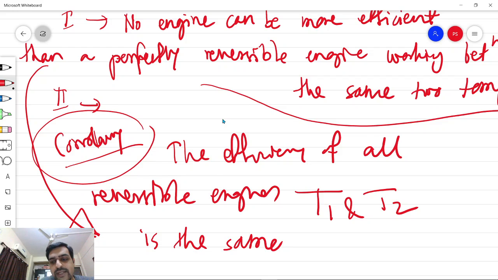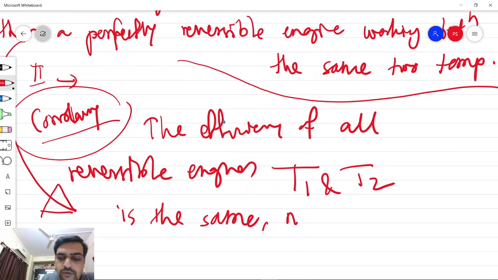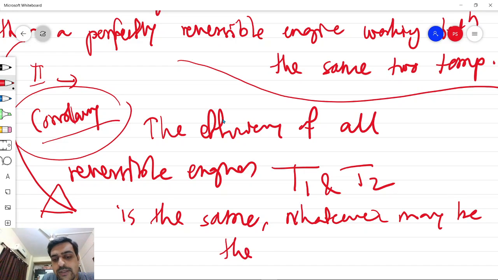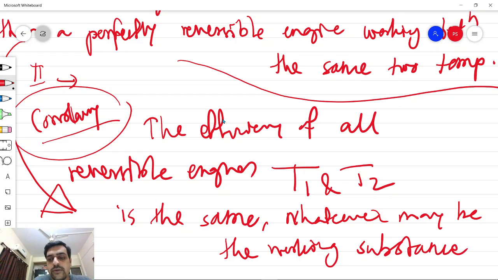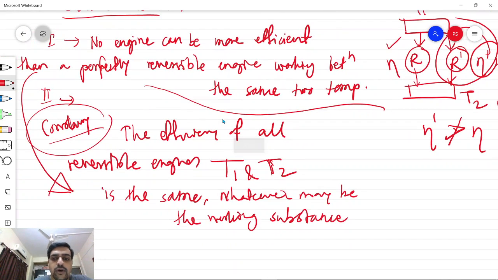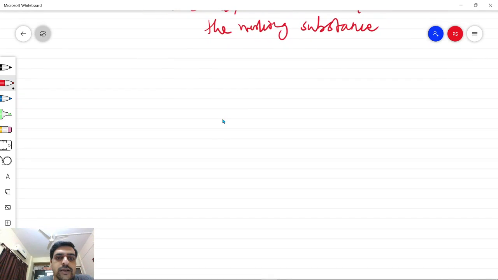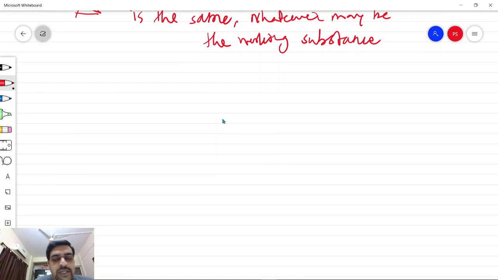It states that efficiency of all the reversible engines working between the same two temperatures T1 and T2 is the same, and whatever may be the working substance, it does not matter what working substance we choose in order to perform the work. Of course, all these ideas are perfectly theoretical and they are applicable to reversible engines.